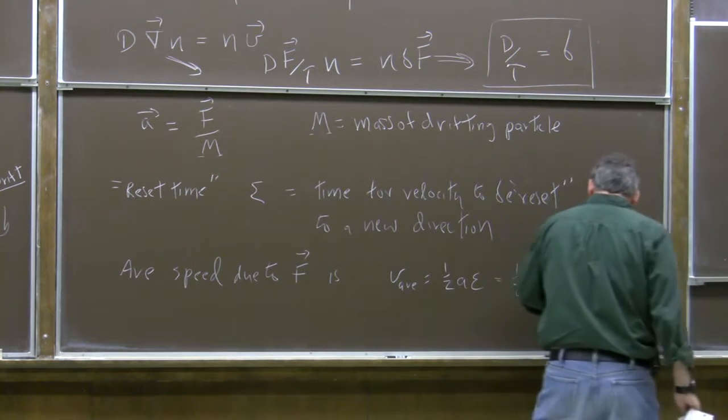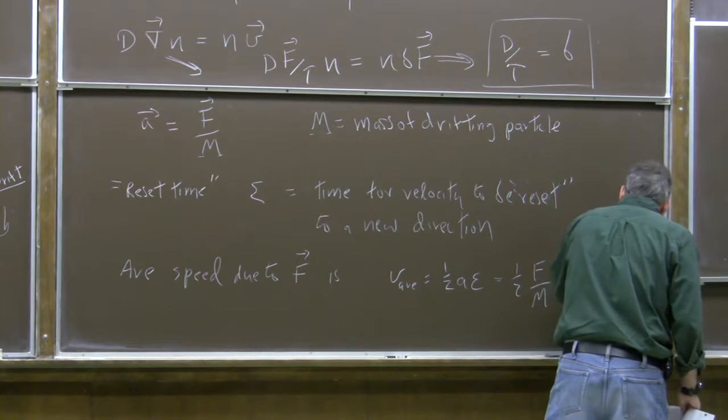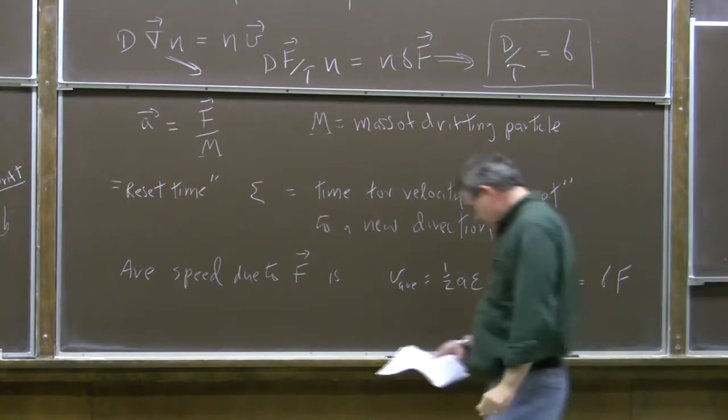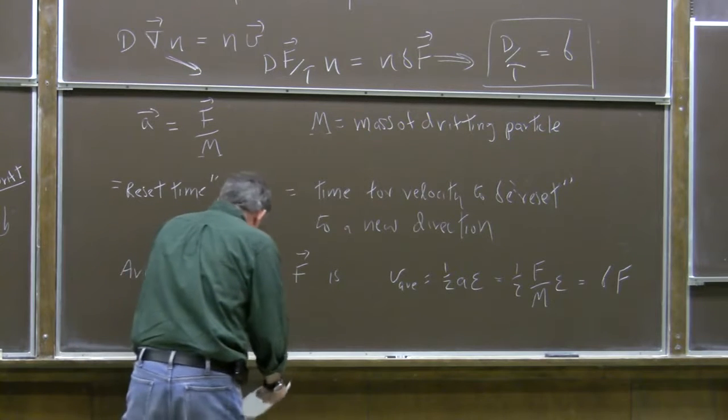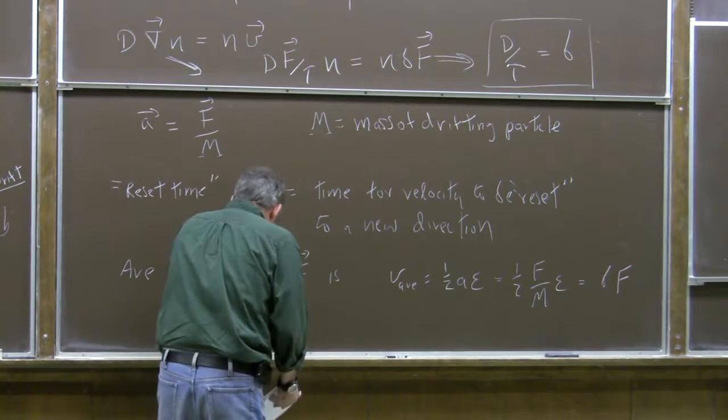And so that means I can think of this as mobility times F, and we can identify the mobility as 1/2 epsilon over M.